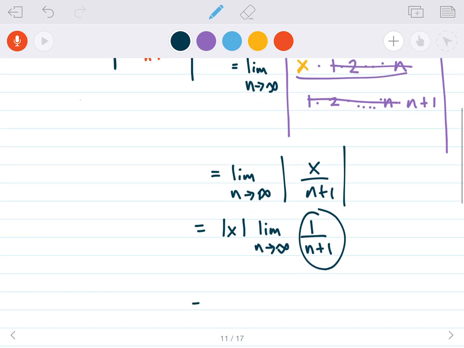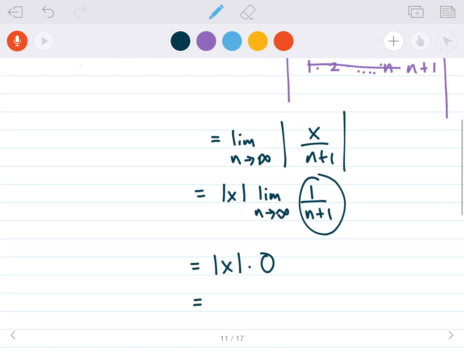So what I'm left with is x times 0. Now, we can't plug in x equals infinity. I want to make that clear. x is going to be a fixed real number that we plug in here. And because that's the case, for any number we plug in for x, our answer is always going to be 0, no matter what. So this is equal to 0.